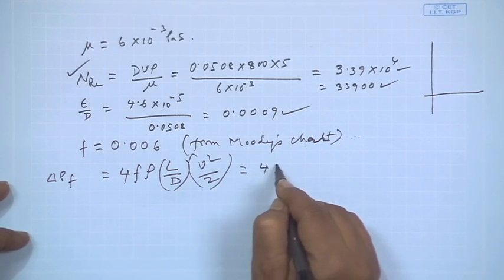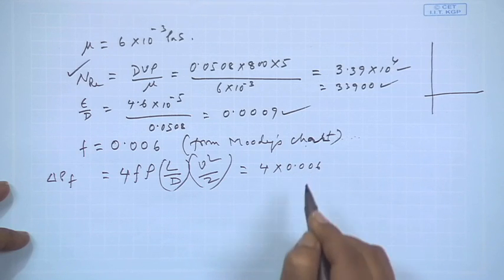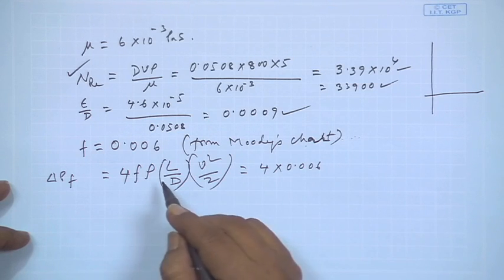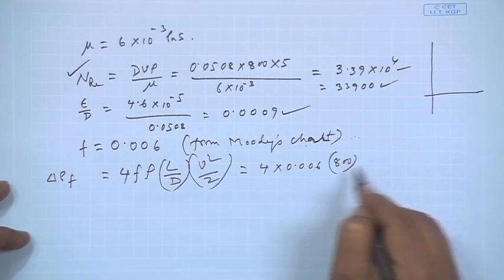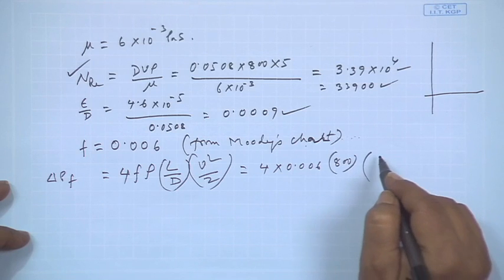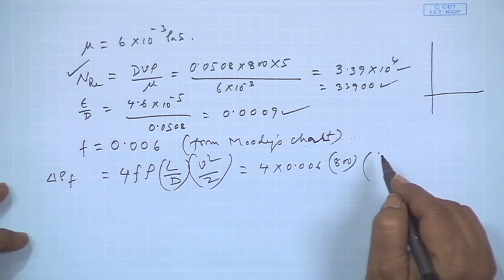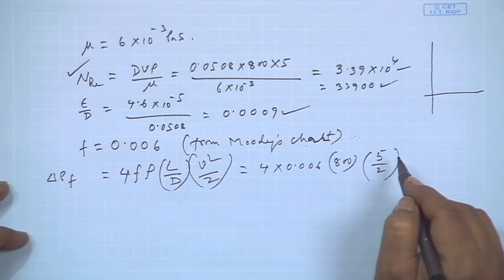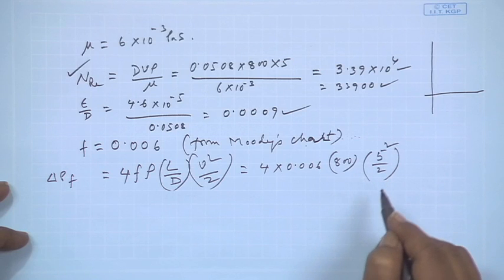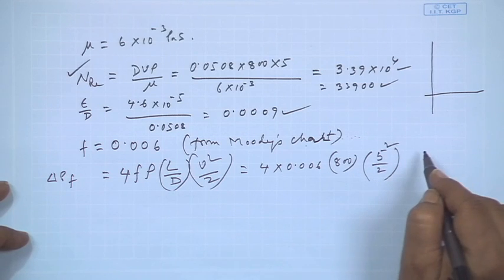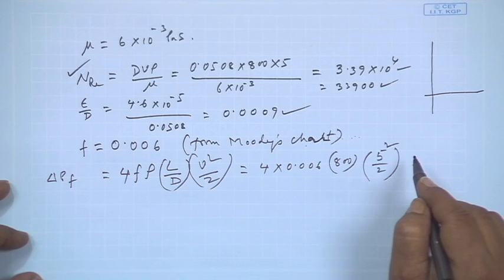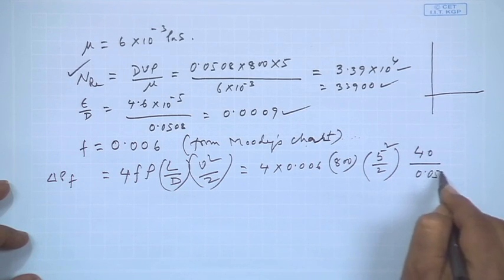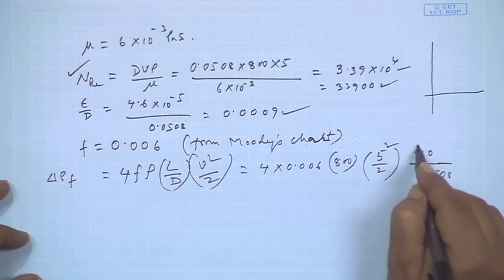So, 4 times 0.006 for f, rho was 800, V was 5 meter per second, so V square by 2 is 5 square by 2, and L by D, where L was 40 meter and D was 0.0508 meter, right.